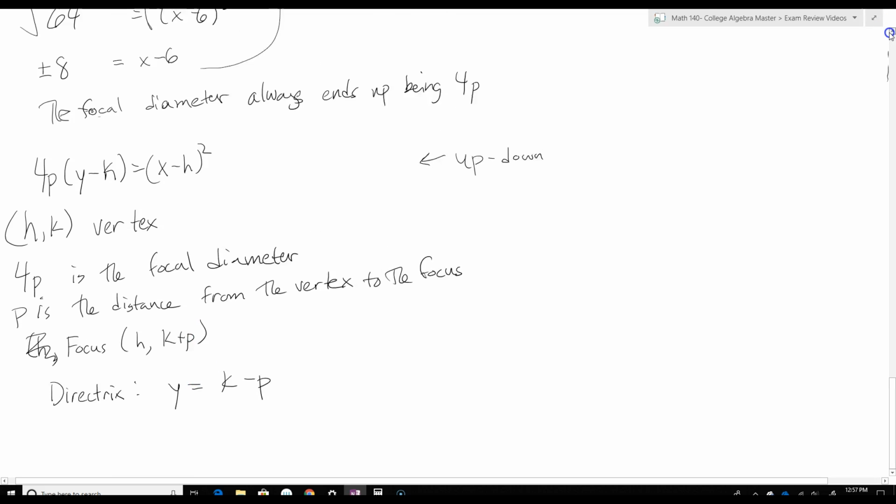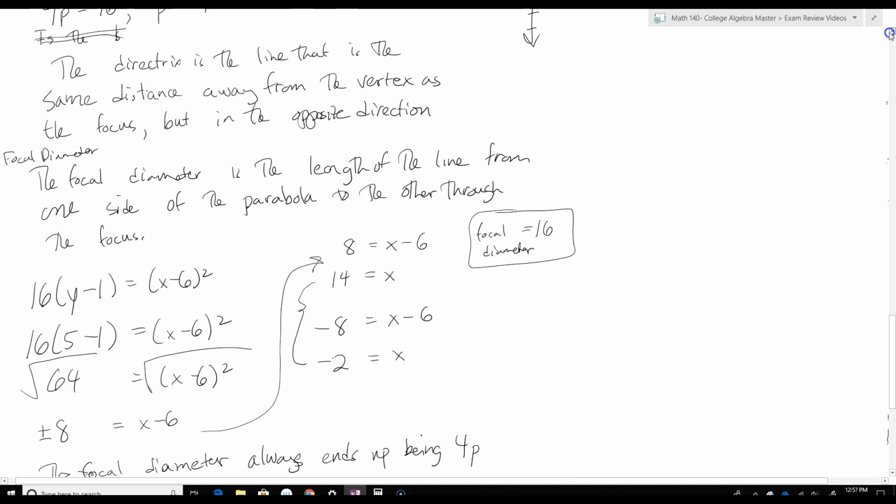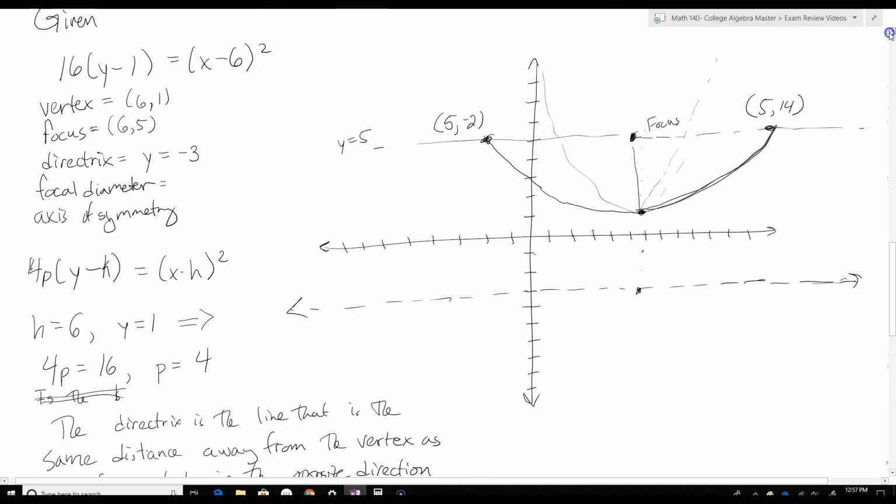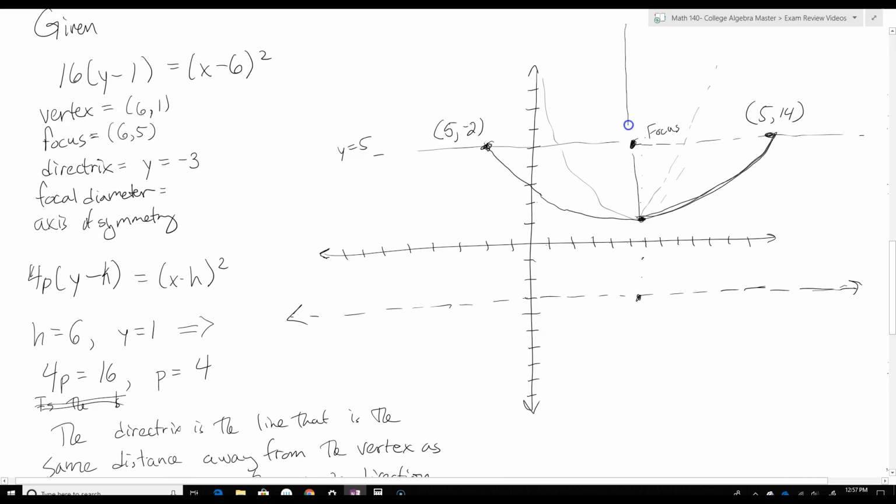So let's go back up. Let's look at our graph again. The axis of symmetry is this line here that goes through the vertex and the focus and cuts the parabola in half. And so all we need there is that's going to end up being x equals h, in this case, which is x equals 6.